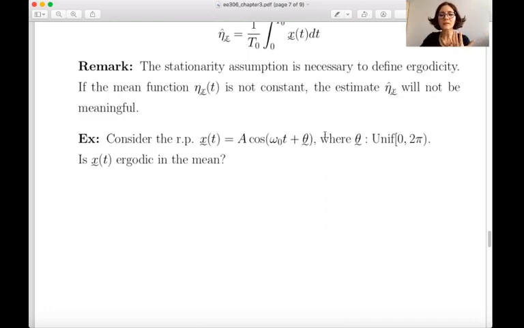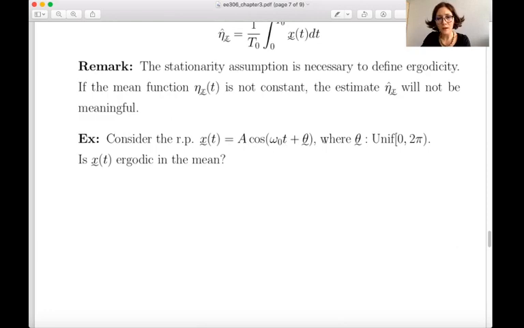In that single realization, the random variable theta takes a certain value. If you want, you can go back to the sample space: I have a random experiment and I obtain an outcome. The phase term theta has a certain value as the outcome of that random experiment. Let's say pi over 2. Theta is pi over 2. This is the outcome that I had.